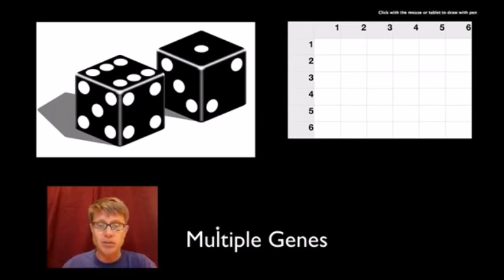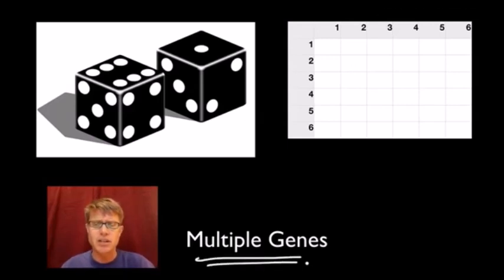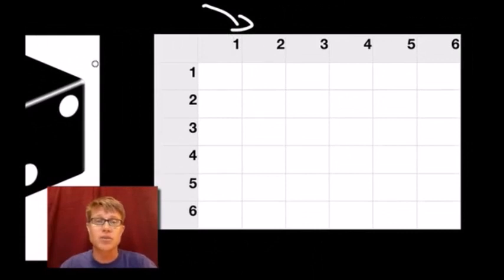Next, I want to talk about multiple genes, but I want to start with an example. If you've ever played Monopoly, what you'll find is that it's really rare to get double ones, snake eyes, or double sixes, but you keep getting 7. And the reason why is that we could lay out the different dice on a Punnett square. This is one die. You could roll a 1 through 6. This is the other die.